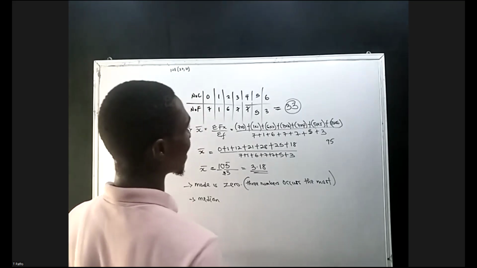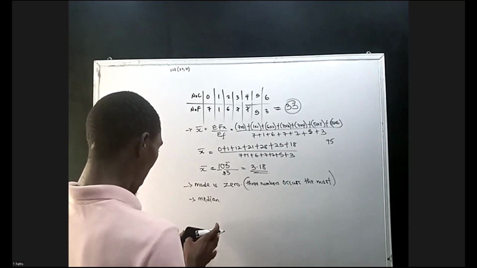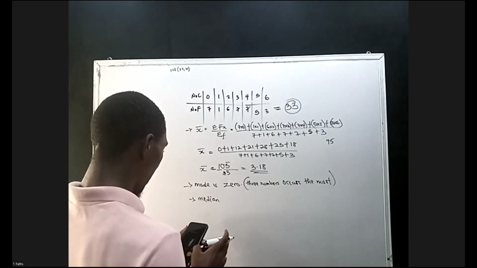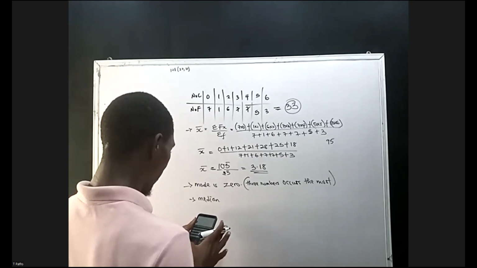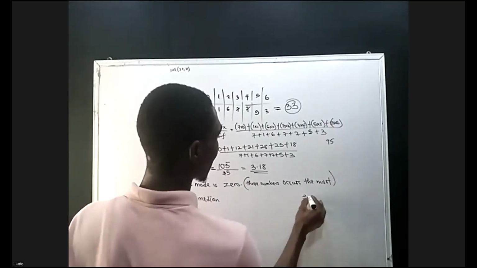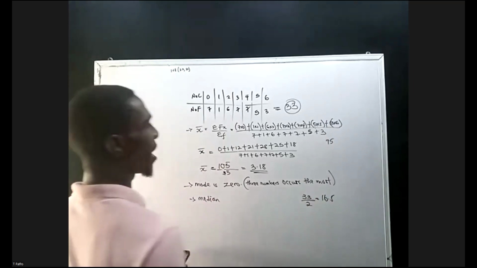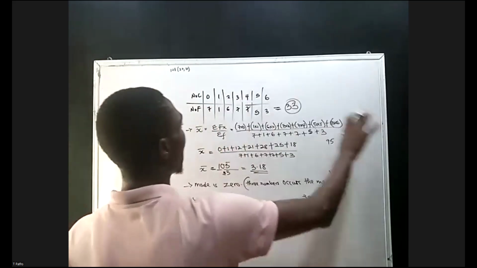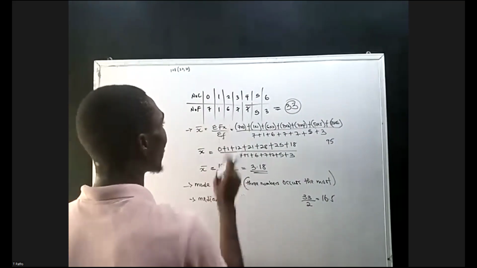If you divide 33 by 2, I am left with 16.5. So we count 16 to one side and 16 to the other side, then the middle value will be our answer.